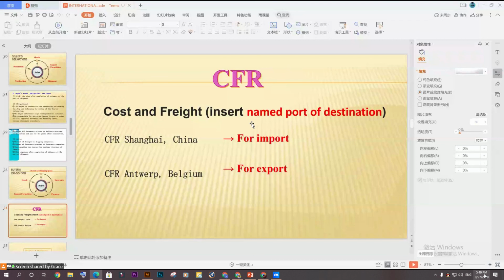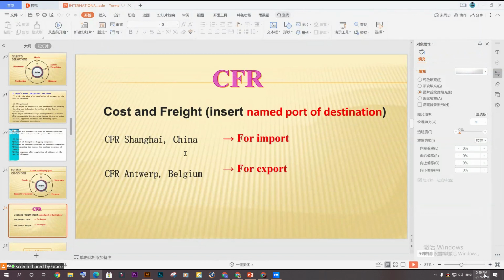But please pay attention here. The name of the place is the named port of destination. For FOB, there would be the named port of shipment, but for CFR, there would be the named port of destination. That is different.